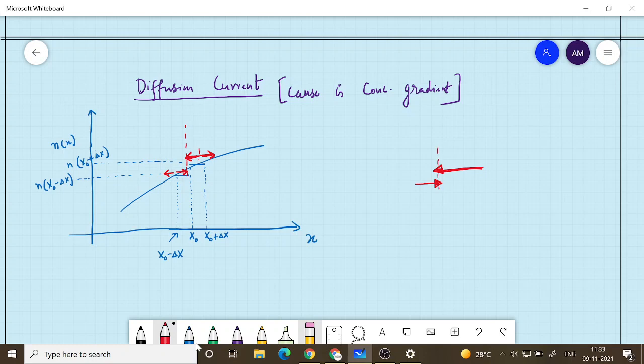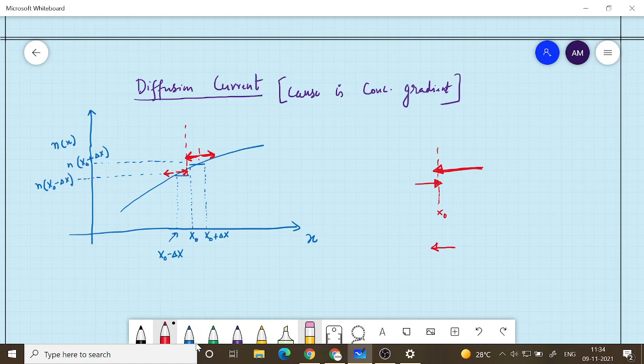So this is our point x0. Now this arrow has a long length because the concentration here is larger. It is increasing to the right. So half of this concentration is also bigger than half of the concentration coming from the left side. So there will be a net flow of electron to the left.